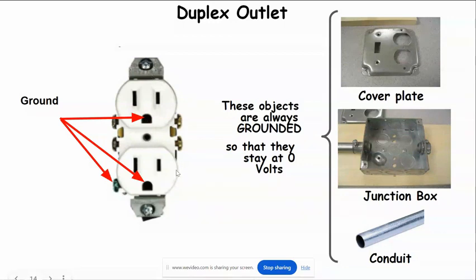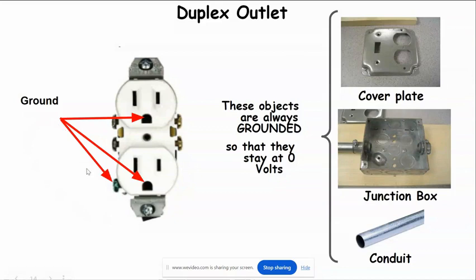These are the screws that are used to mount the outlet onto a junction box or a cover plate. So if you look over on the right side of the slide, you have to connect switches and outlets into some type of box. And when you connect them into a metal box and put a metal cover plate on, you're really protecting yourself, because you're forcing those things to be grounded.